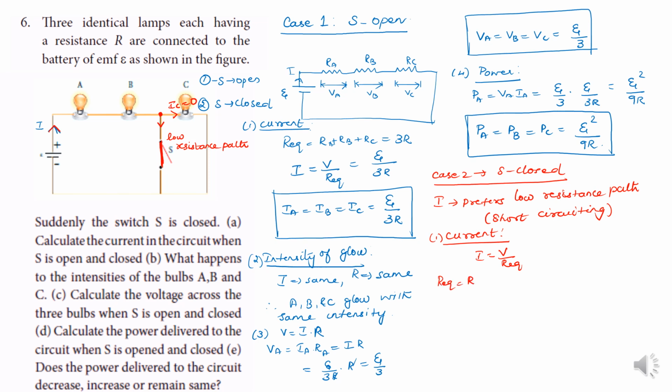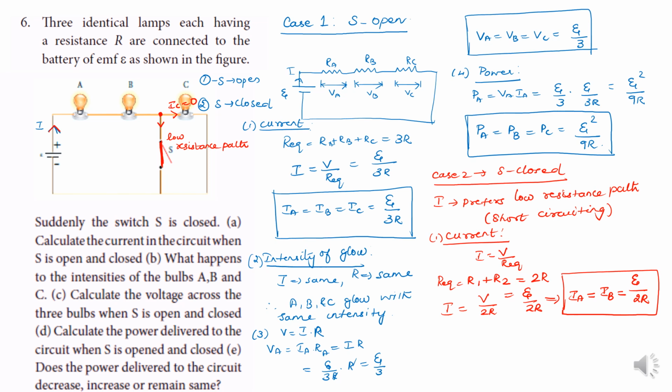R equivalent is equal to R1 plus R2, which is equal to 2R. I is equal to V by 2R. V is epsilon, so epsilon by 2R. So from this, IA is equal to IB is equal to epsilon by 2R, which is greater than the previous case, epsilon by 3R.